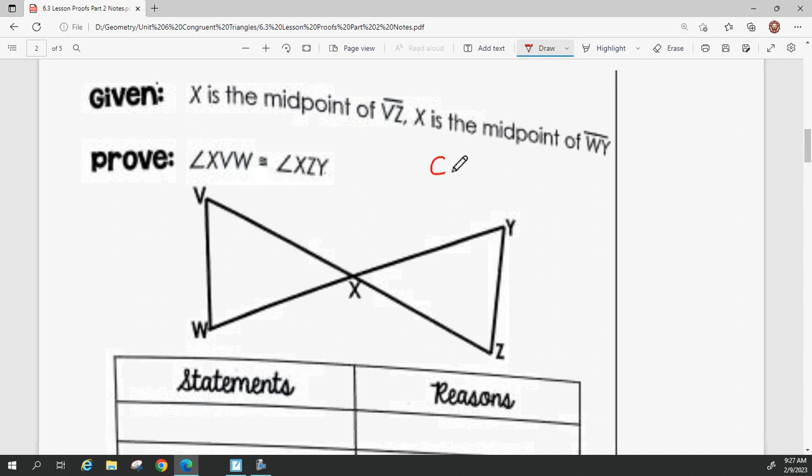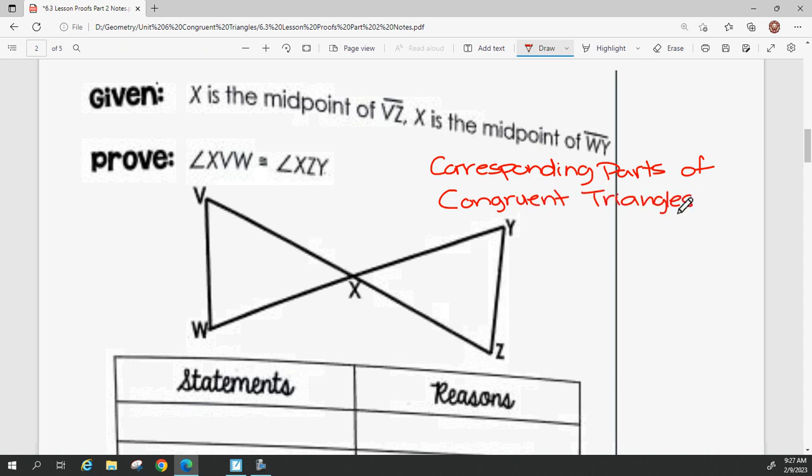So we would say that corresponding parts of congruent triangles are congruent. If we can prove that two triangles are congruent, then we can show after that that any pair of corresponding parts that haven't been marked up already are also congruent, because they're in congruent triangles and they correspond, especially based on the name of the triangles.